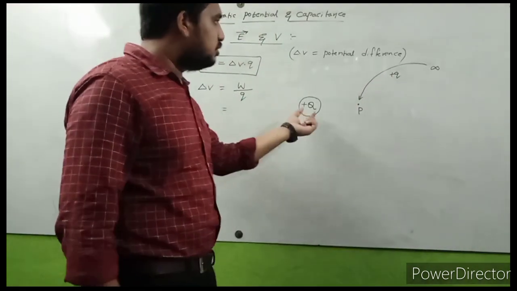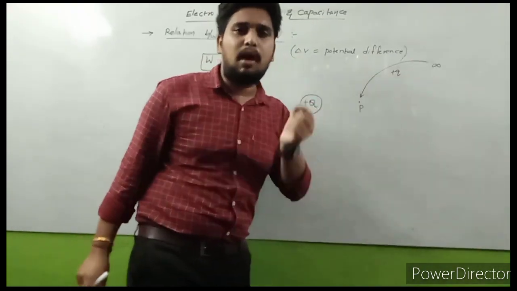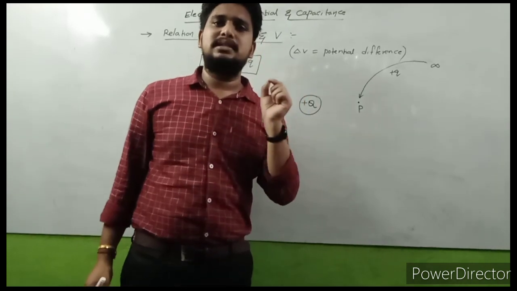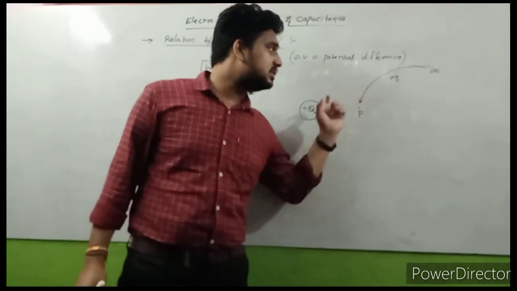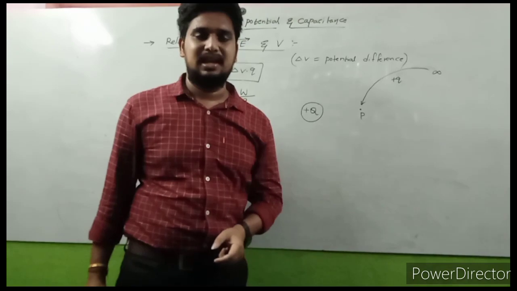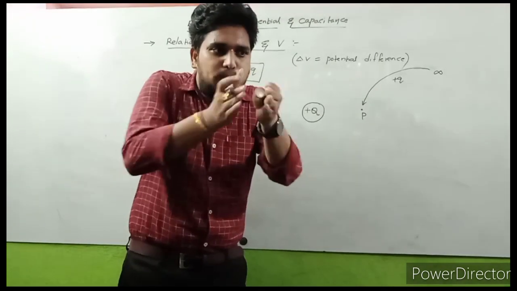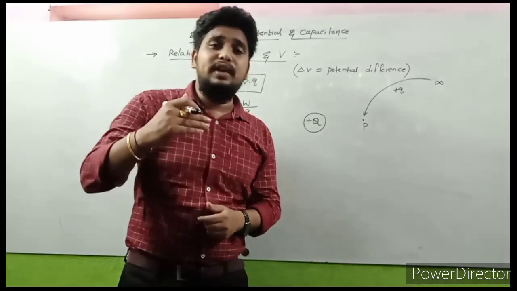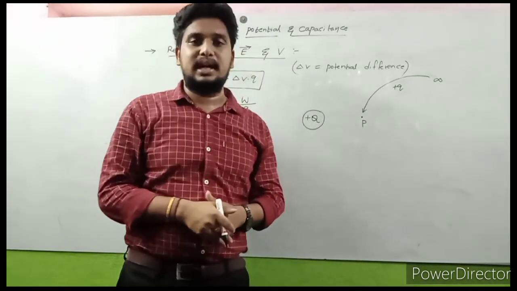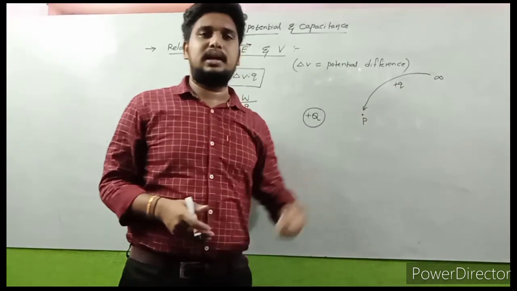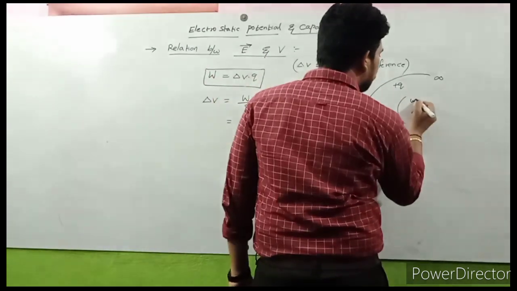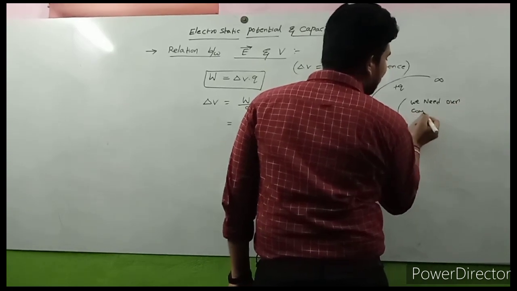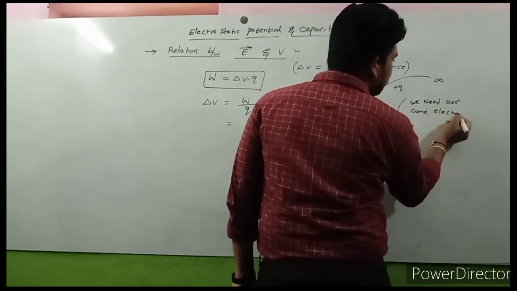Observe carefully. Two like charges are there. What will develop here? Whenever two like charges are there, electrostatic repulsion develops. These two charges try to push the charge in the backward direction. That means we need to overcome that electrostatic repulsion.